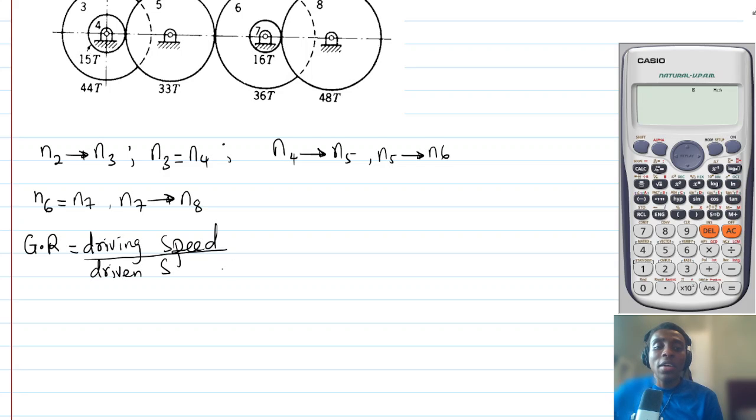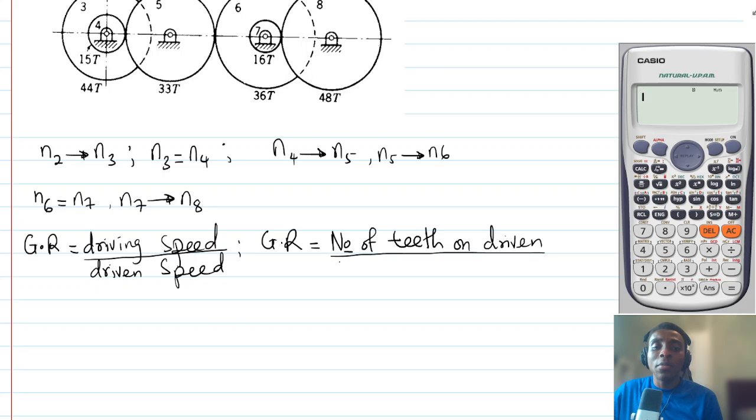But in terms of the number of teeth, the gear ratio can be expressed as the number of teeth on the driven gear divided by the number of teeth on the driving gear. So essentially, when it comes to gear ratio, the number of teeth is like an inverse. Let's go straight away.